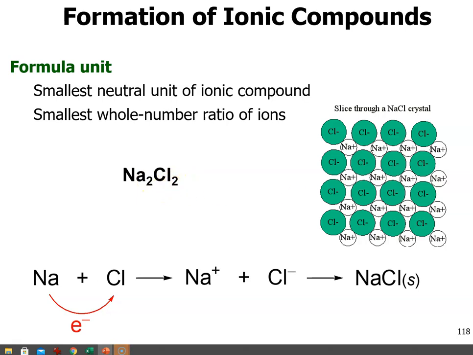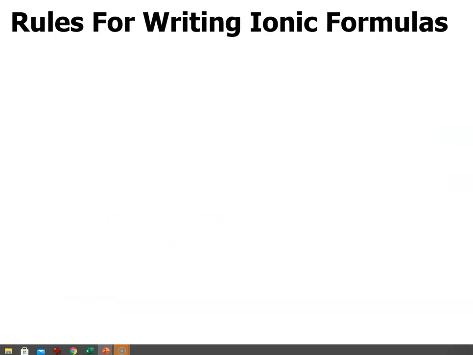That's not how you would write it, because we can simplify that. We can just have 1 sodium, 1 chloride, and that's enough to cancel out that charge and give us a 0 charge. So the formula unit should be the most simple form of that ratio.